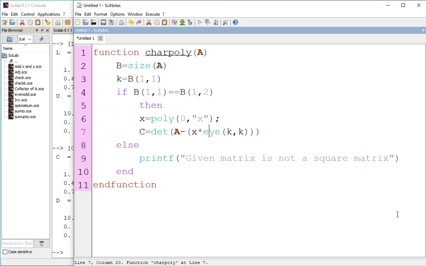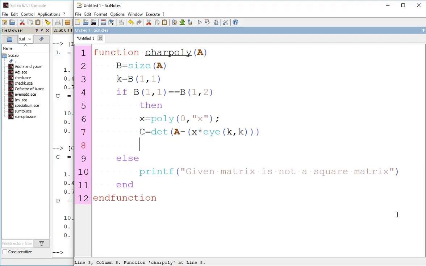Okay, I am putting one more bracket here so there is no confusion. First of all, it will make the identity matrix of k by k, then it will multiply by x. So this bracket is for that explanation, and then it will take the determinant. Okay, so it will be the characteristic polynomial, and at the end you want to display C. So let me just save and execute.